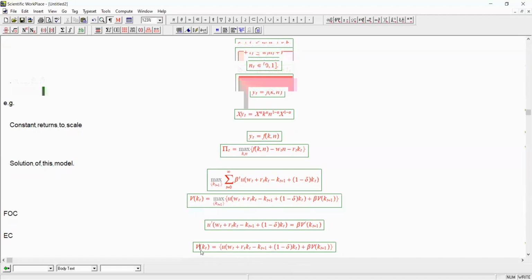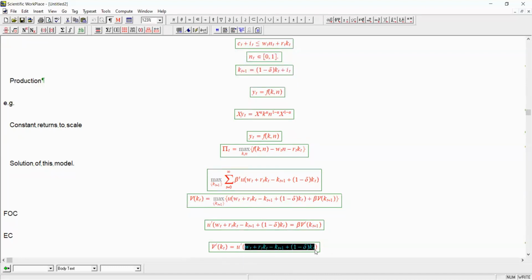And we get k prime equals u prime times the derivative of what's in here with respect to kt. Now, the derivative of this with respect to kt is nothing.